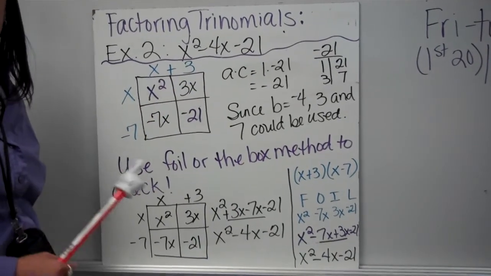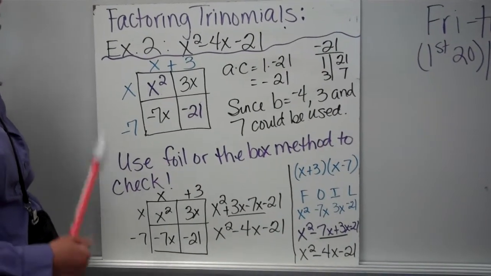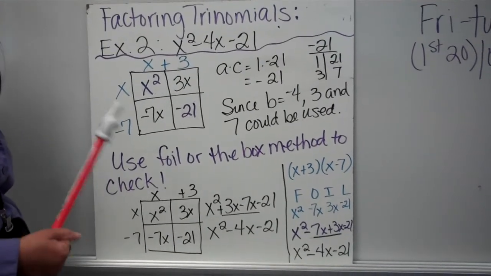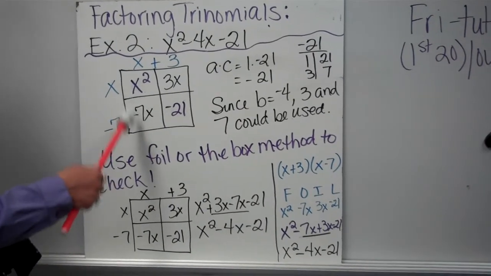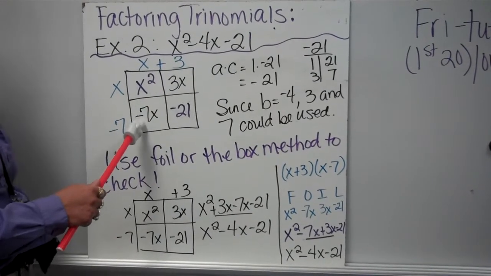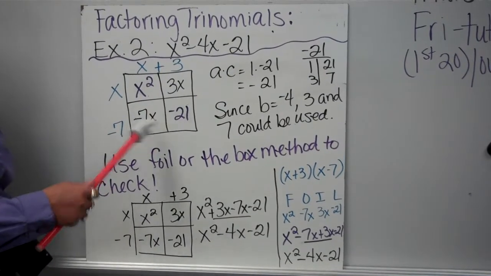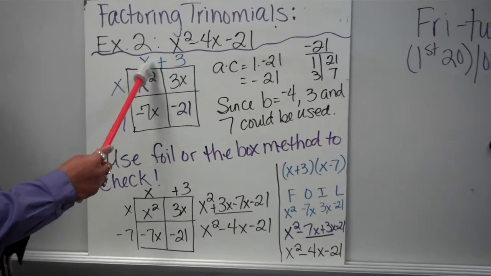Now, if I have a 3 and a 7 and I want a negative 4, I know the bigger term has to be the negative, because the sum is determined by the largest absolute value. The absolute value of 7 is larger than 3, so I need my 7 to be a negative integer.